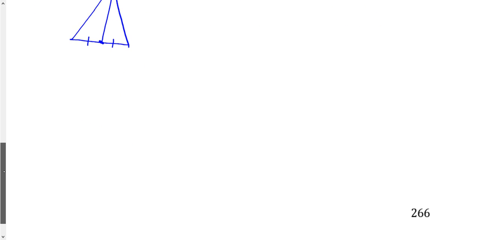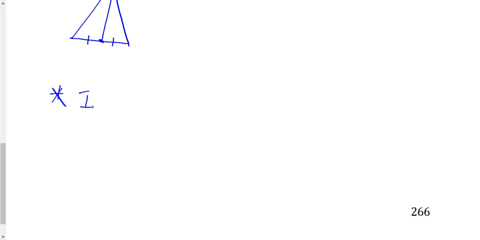Now here's another really important thing. If you have an inscribed triangle, inscribed inside a circle, you with me so far? And one side of that triangle is the diameter of the circle, it is a right triangle. We got that? Write it down. So this is important to know.